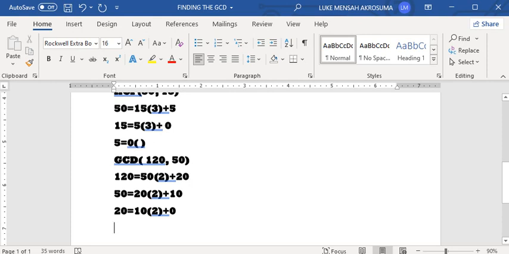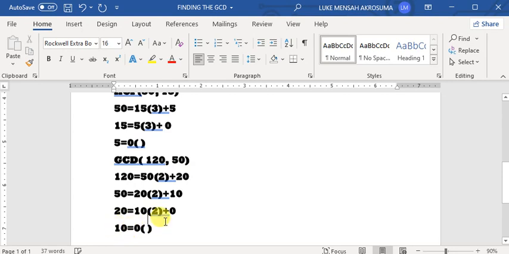We bring down the 10 to this side, equate it, then bring 0 to this place, then ask ourselves whether or not we get a certain number, and there is absolutely no number. That implies that the GCD for 120 and 50 is 10.